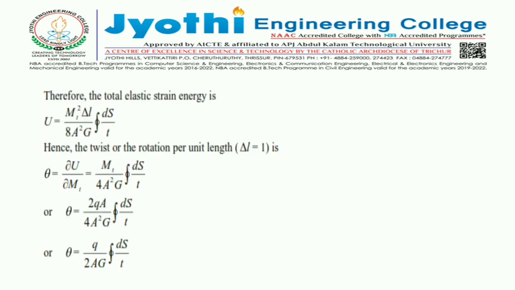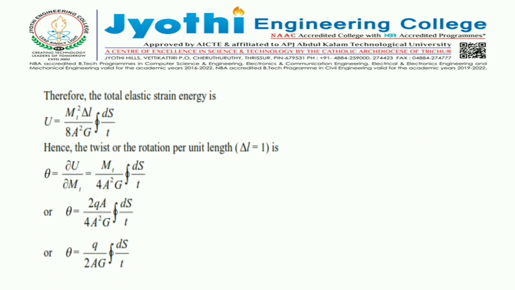Again solving that equation, we get q square delta L by 2G into ds by t. Substitute q in terms of moment, we get delta U is equal to Mt square delta L by 8A square G into ds by t.